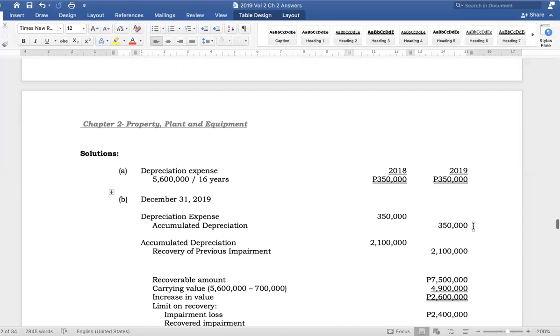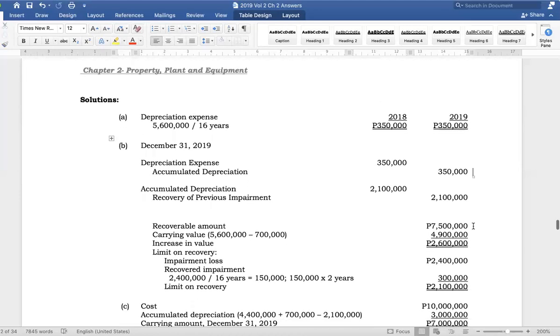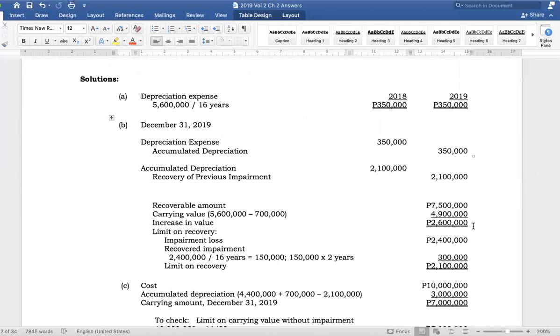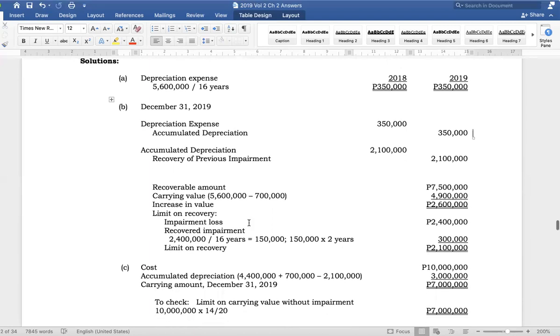Credit accumulated depreciation, 350,000. Then, let us compute for the adjusted carrying value after recording this 350,000. We have carrying value.